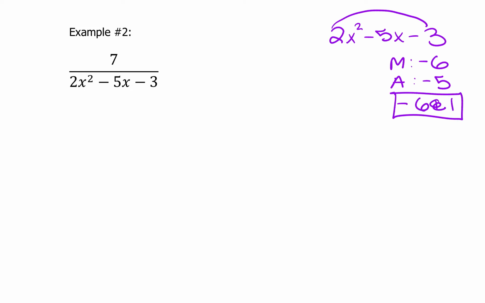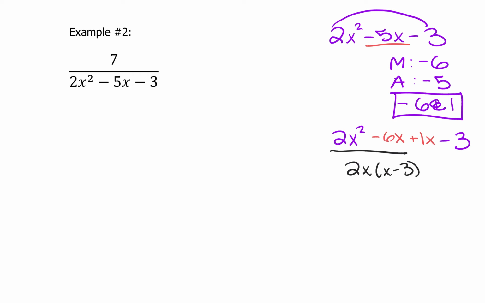We're going to use those to then split up that middle term. So we have our 2x squared, we have our -3. It's just instead of writing -5x, we're going to write -6x plus 1x, and then we'll factor this by grouping. Remember that I'm taking out a 1 factor.